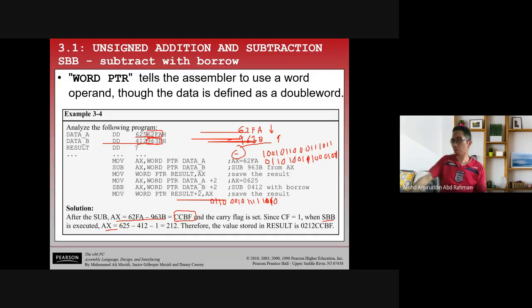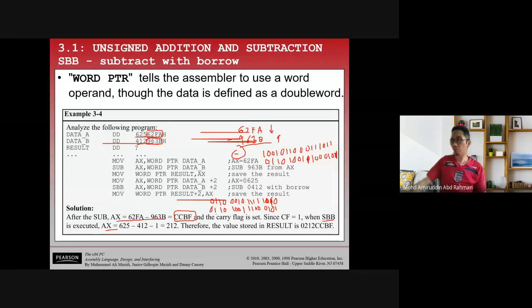So of course this will be 1. So you perform the addition over here. So 0, 1, 1, 0, and 1, 0, 0, 1, 1, 1, 0, 0, and then 0, 1, 0, 1.